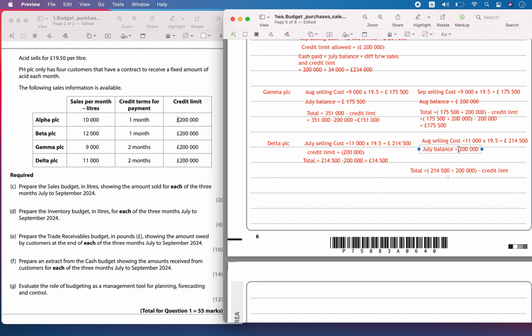214,500 plus 200,000 minus the credit limit of 200,000. The 214,500 plus the July balance is what they need to pay at the beginning of the month.